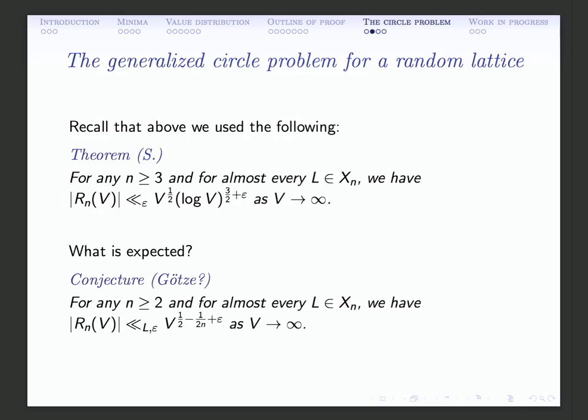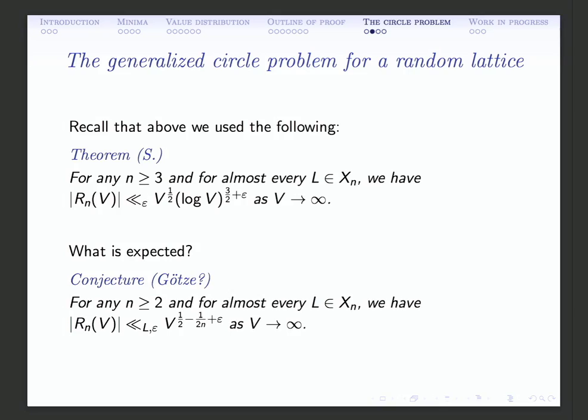And there is a conjecture. I found it in a paper of Götze, but I don't know if he was the first one. If you do some probabilistic argument, it is quite natural to arrive at this, so he might not be the first one. At least he's the first one that I know of that formulated this conjecture: that you should be able to do slightly better than the theorem on the top.